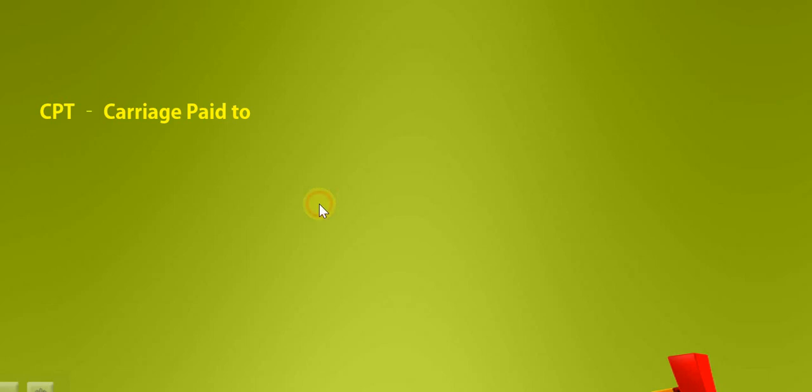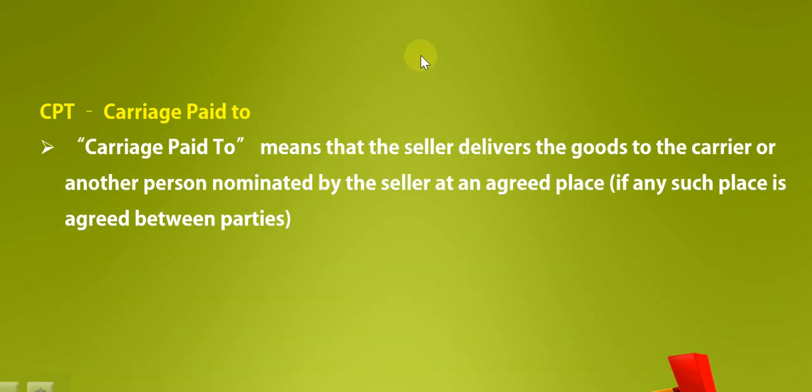Carriage paid to. The meaning of carriage paid to is that the seller delivers the goods to the carrier or another person nominated by the seller at an agreed price, if any such price is agreed between the parties.